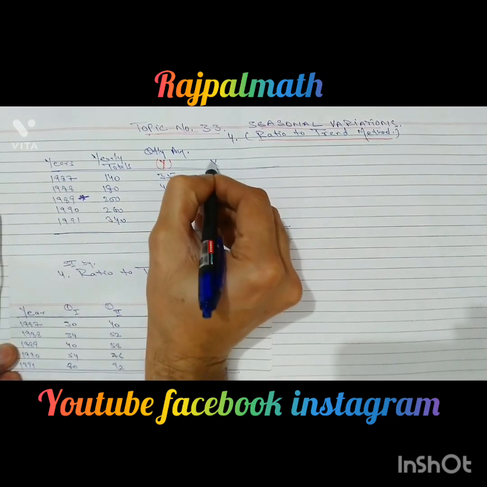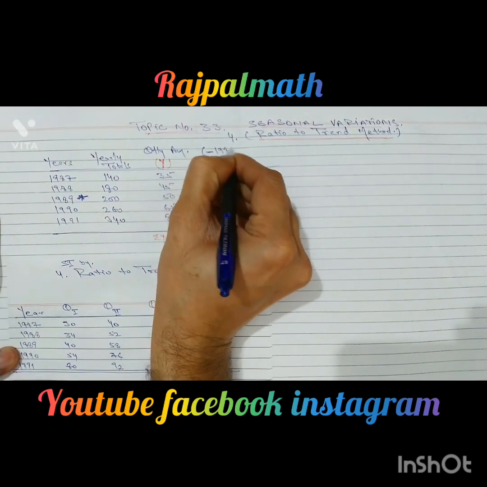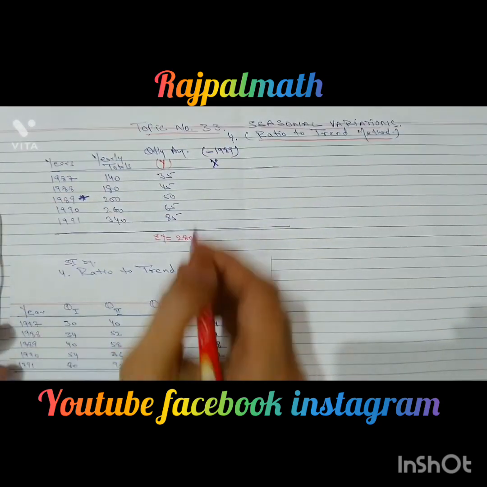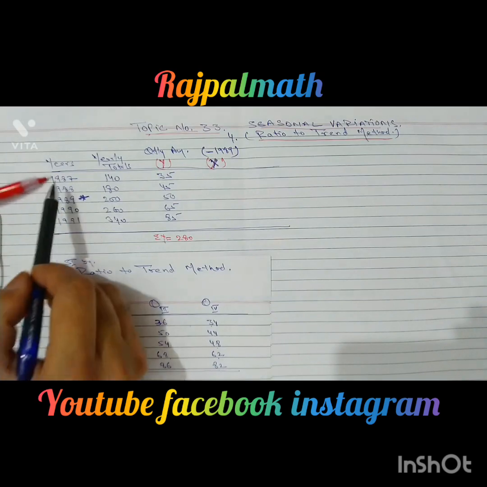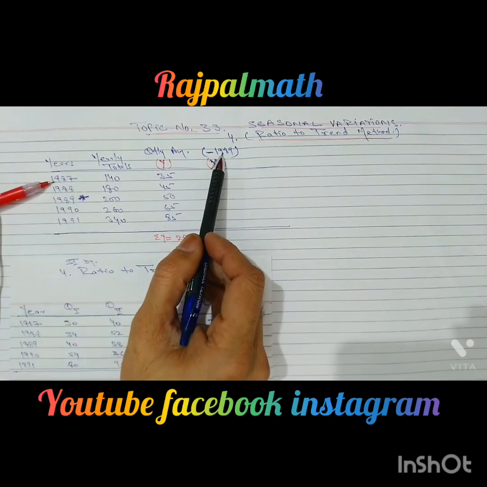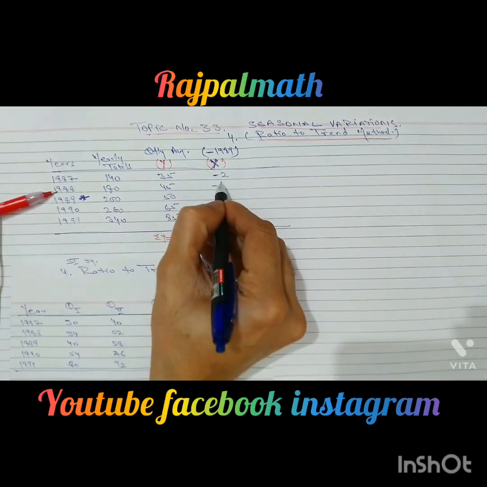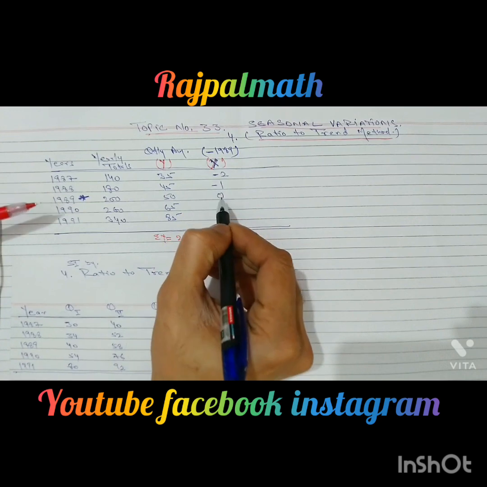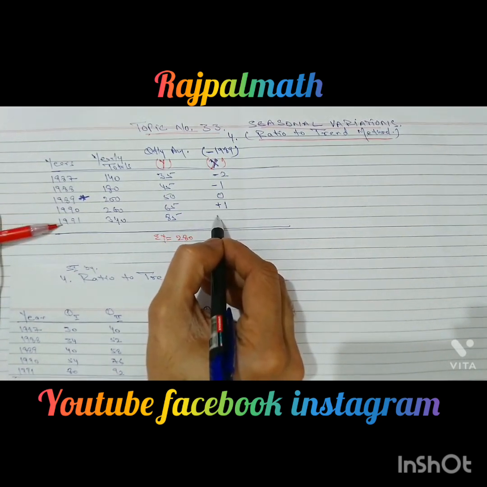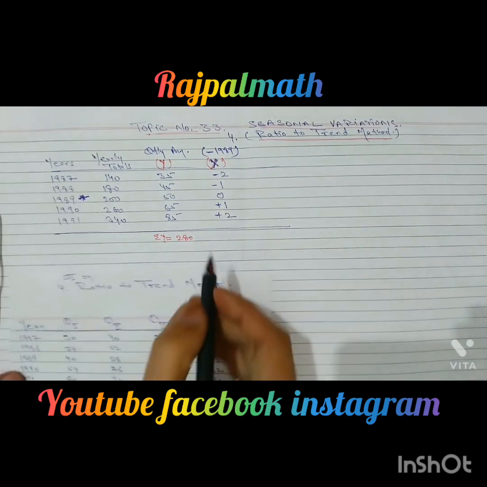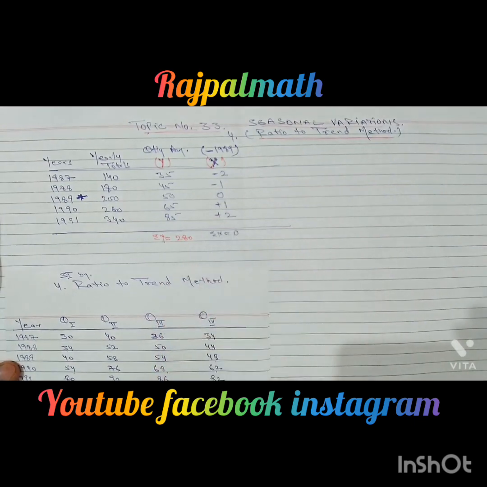Now find X. X is the deviation from 1989. 1987 minus 1989, minus 2; 88 minus 89, minus 1; 89 minus 89, 0; 90 minus 89, plus 1; 1991 minus 89, plus 2. By adding all this, summation X comes out to be 0.